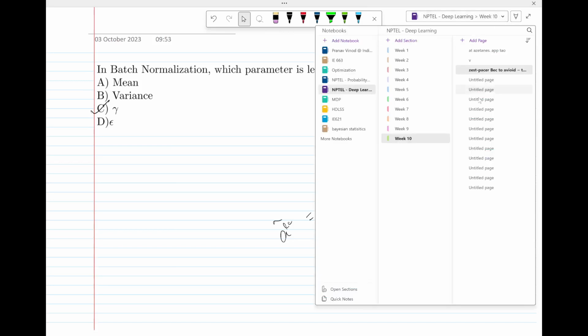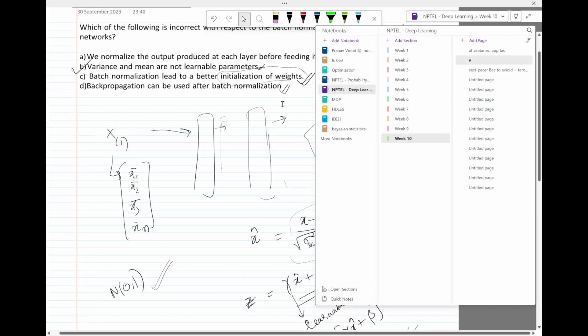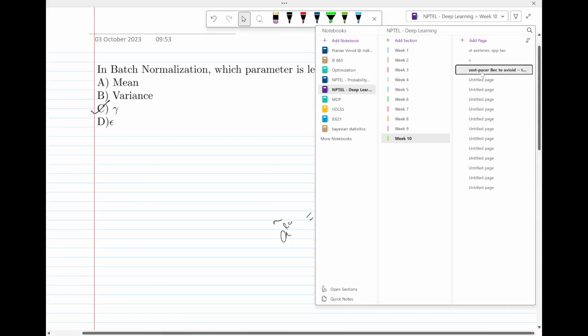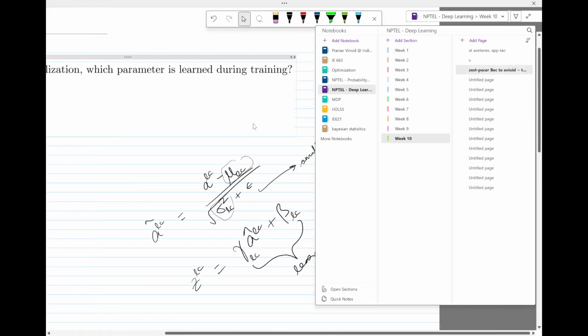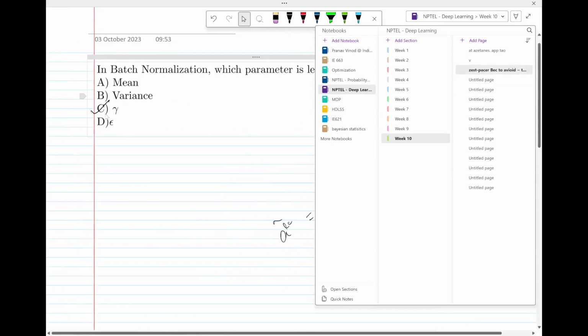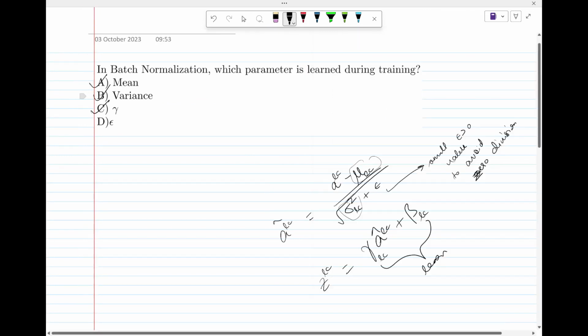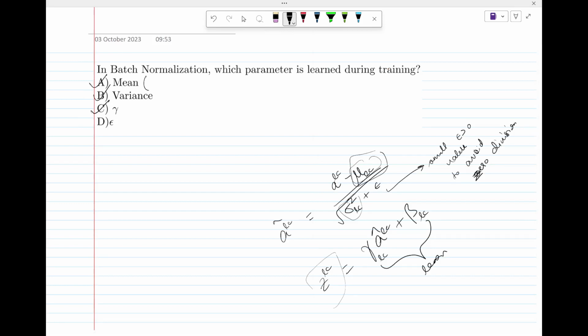This is sort of confusing with the last question, I think, because there we are saying variance and mean are not learnable parameters, but here I said which parameter is learned during training, I said only gamma. I think I should say mean and variance also, but I should specify what mean we are talking about. Are we talking about this mean, or are we talking about this mean, the mean of z?